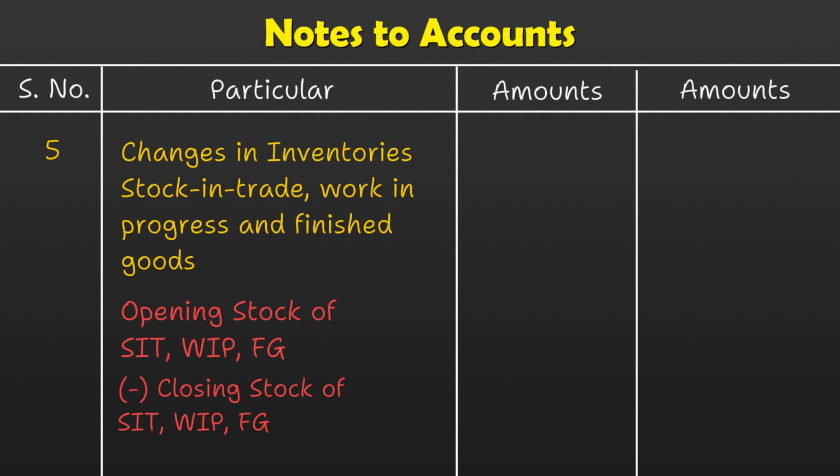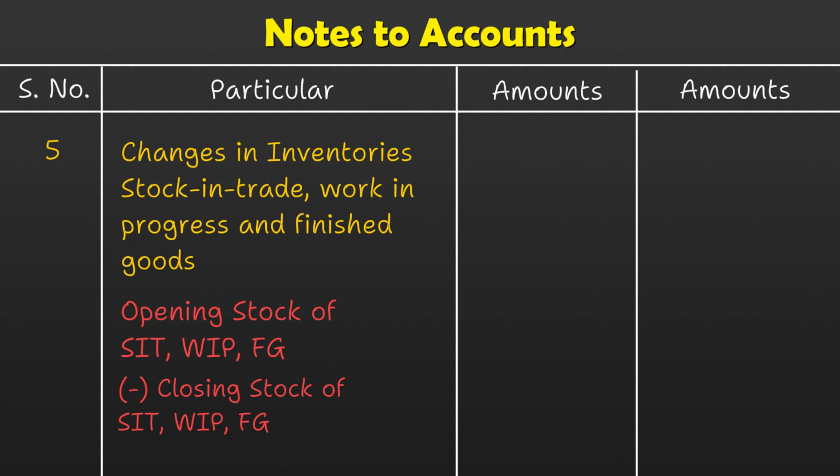Now the third subhead which appears under expenses is basically the changes in inventories. And under the changes in inventories notes to accounts, there would be two items. The first one will be the opening stock of work in progress, finished goods and stock in trade, and from this we would simply deduct the closing stock of work in progress, finished goods and stock in trade.